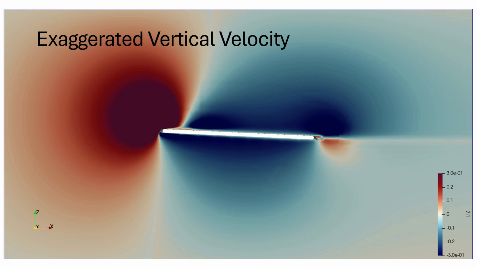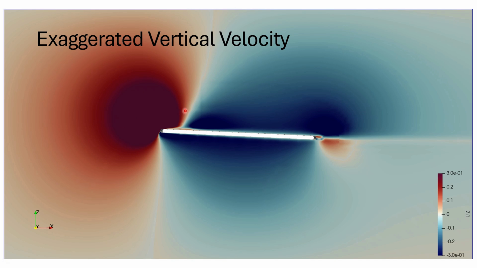So what I did here is I zoomed in on the vertical velocity, okay? So we can really see where there's any Z direction or up and down movement, okay? And out in front here, where it's more red, that's more up, more vertical. So there's a lot of vertical movement in front of the airfoil where the air is going up.